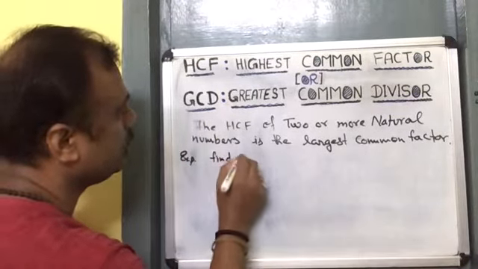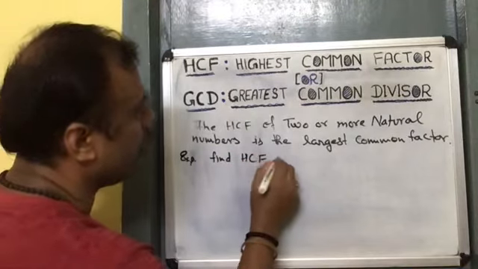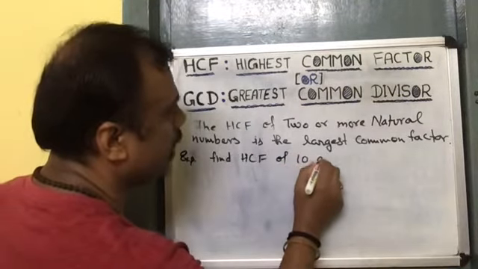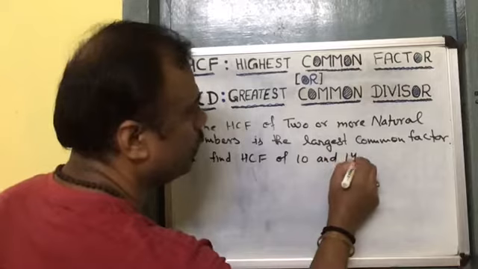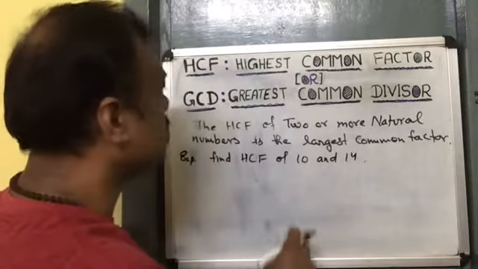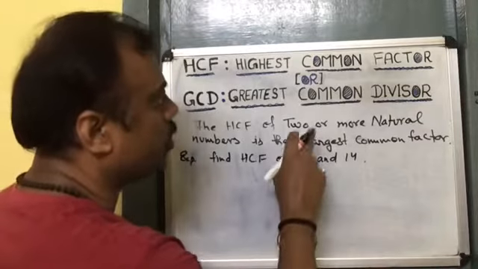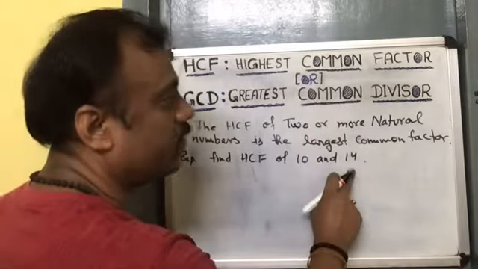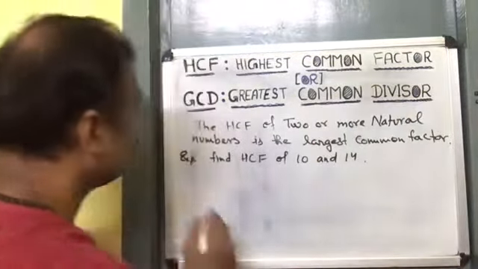Find the HCF of 10 and 14. Before that, we must write the factors of 10 and the factors of 14.